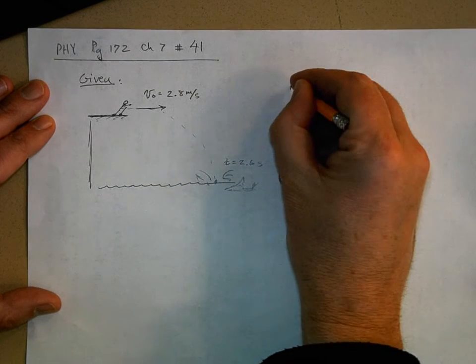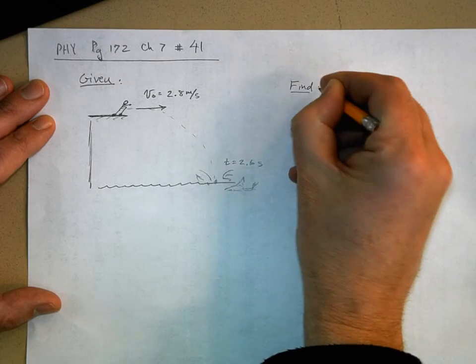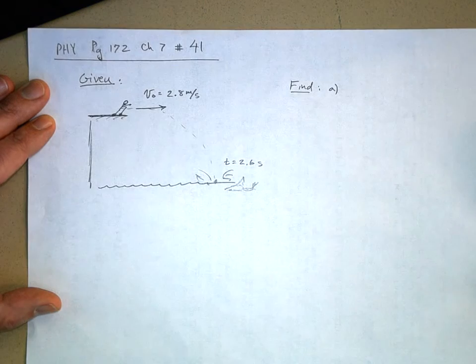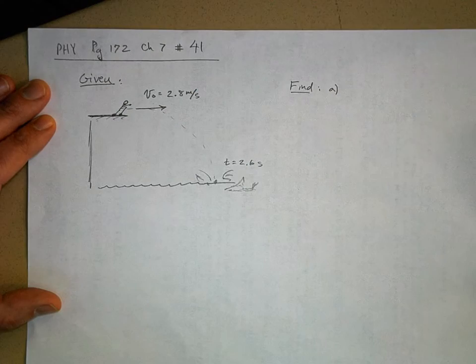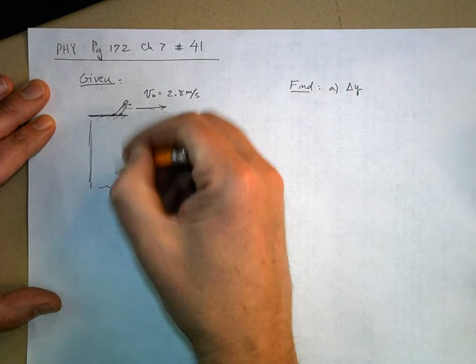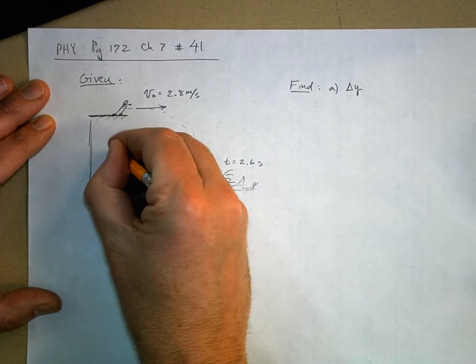And what are we trying to find? The first thing I want to find is part A. Well, it didn't give A, but it just says, how high was the platform? We'll just call it delta y. So we want to know delta y.